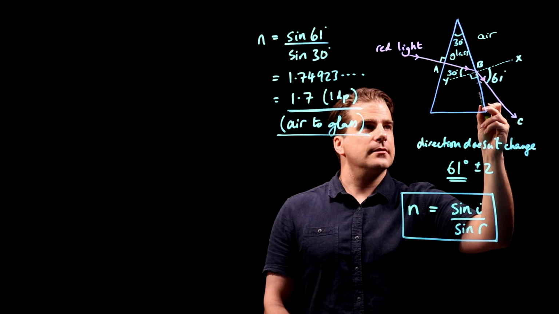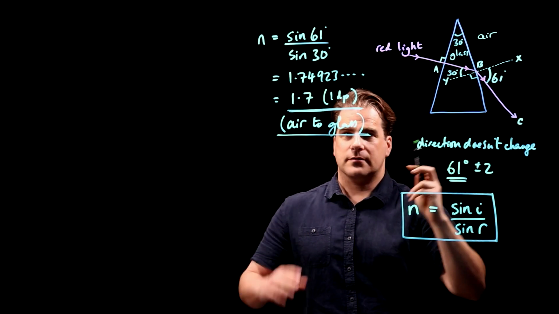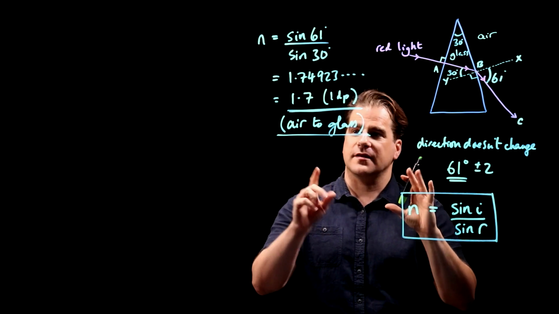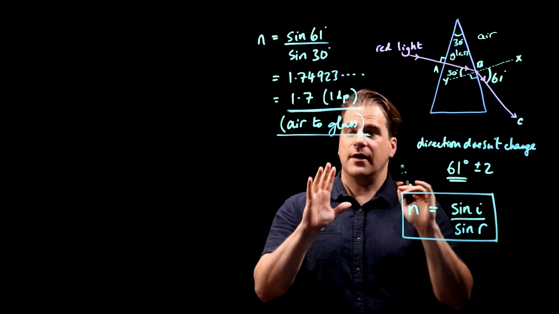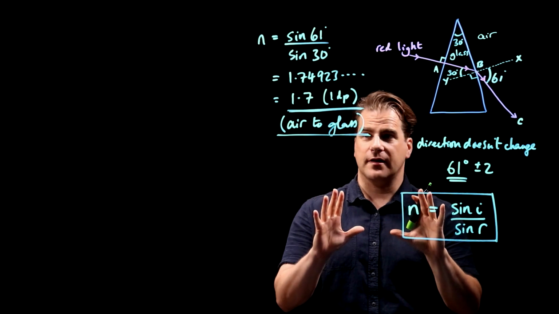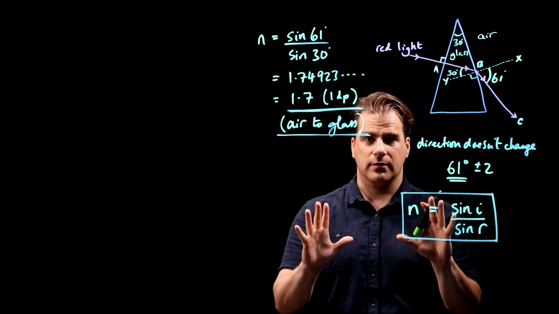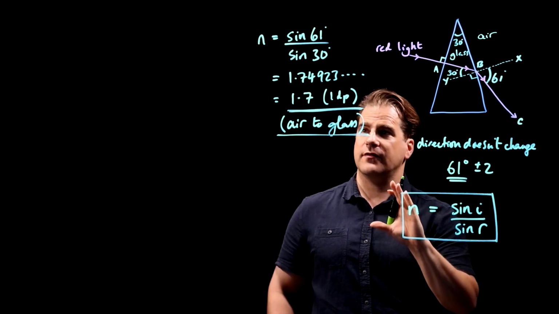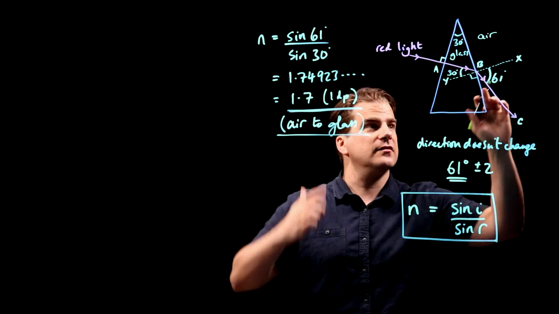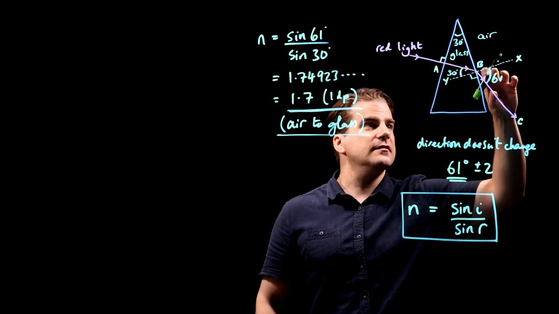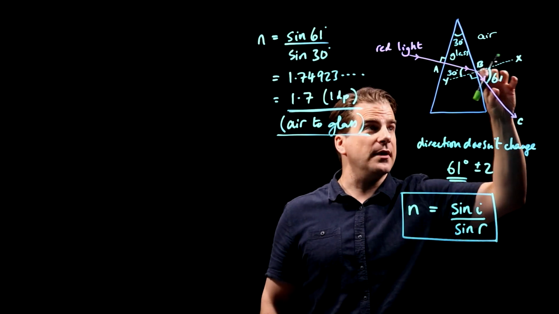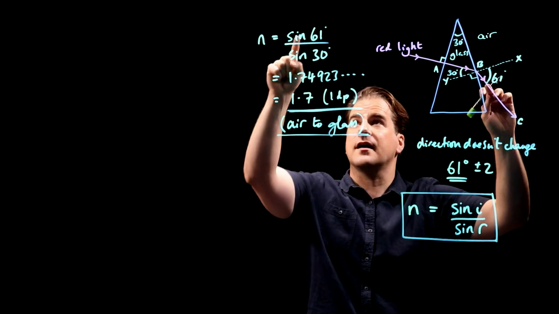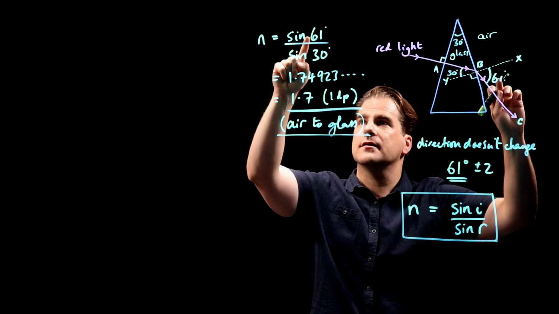So in your answer, if you're ever asked to come up with a refractive index, make sure it's bigger than 1, okay? If it's smaller than 1, it's wrong. Refractive index must be bigger than 1 because the angle of incidence in the equation is the bigger one, okay? So no matter what the direction, angle of incidence, sine I, is 61, okay?